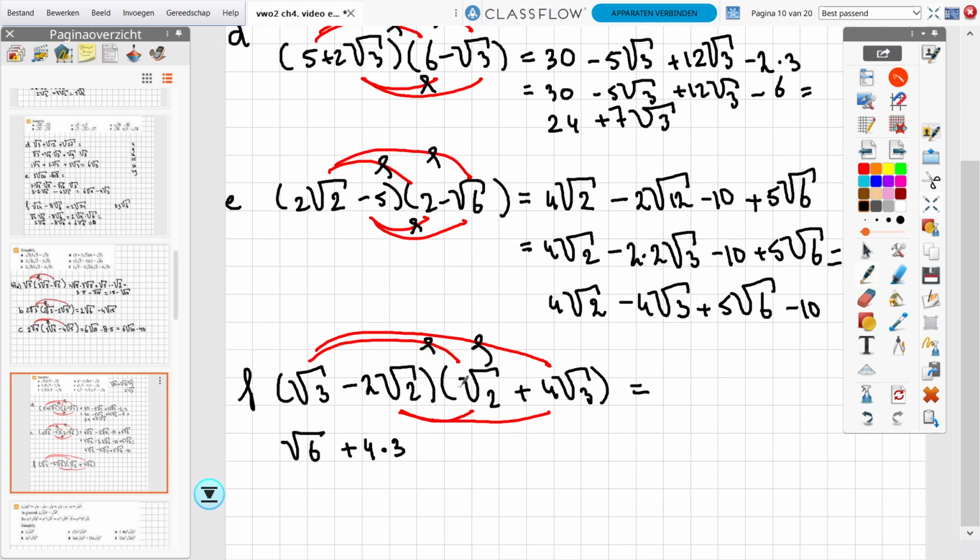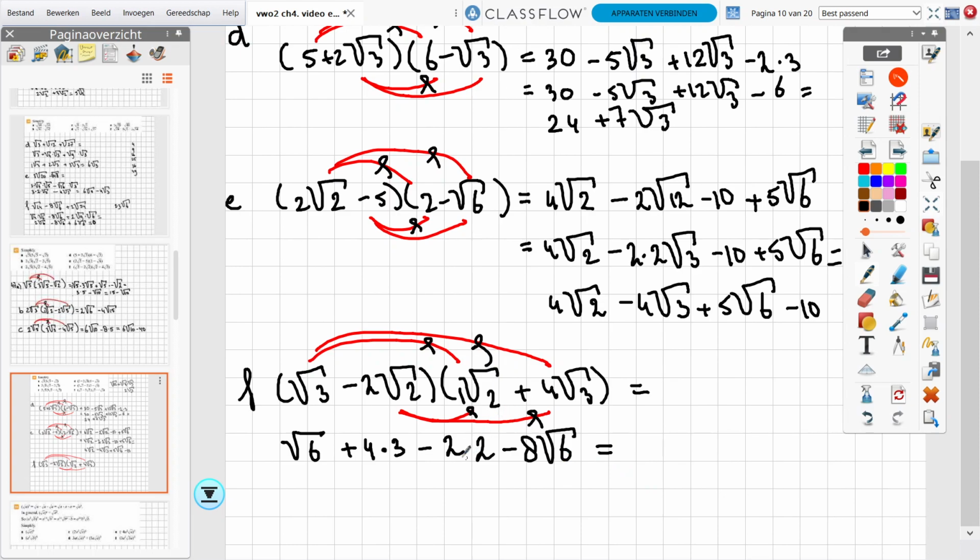Minus 2 root 2 times root 2, negative times positive, so it stays negative. 2, here there's, you could say a 1, so 2 times 1 is 2. Root 2 times root 2 is 2. Check. And then negative 2 times positive 4 is minus 8. Minus 2 times 4. And root 2 times root 3 is root 6.